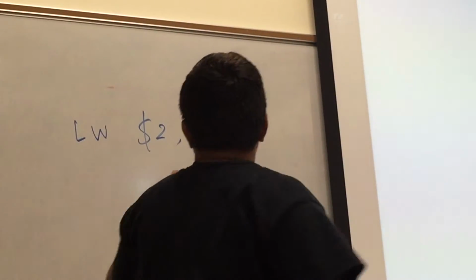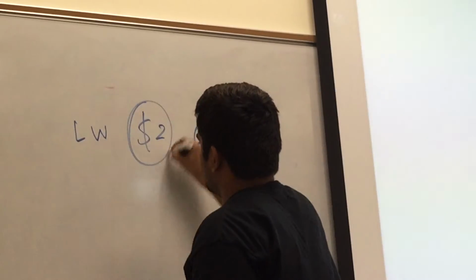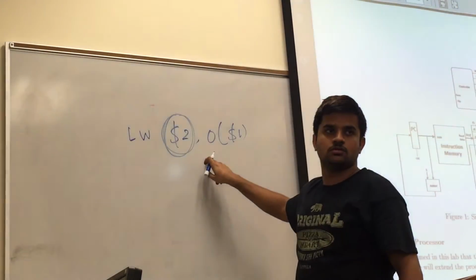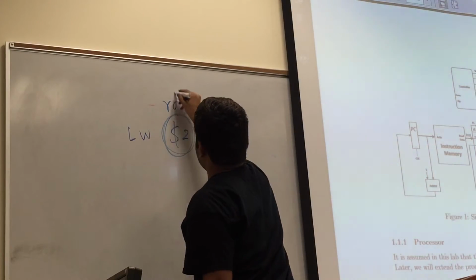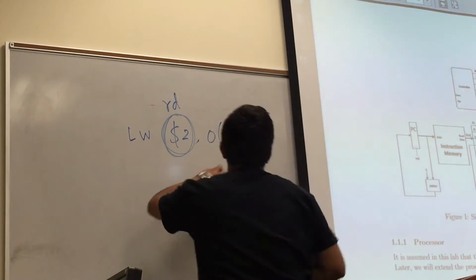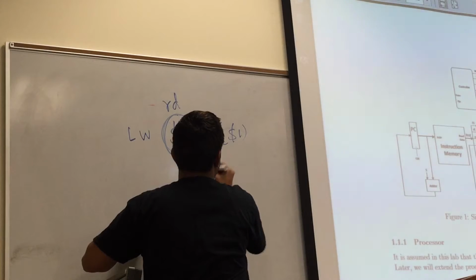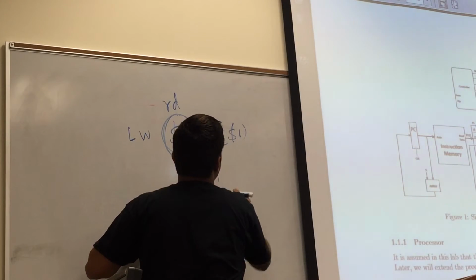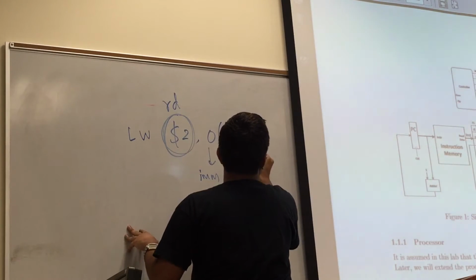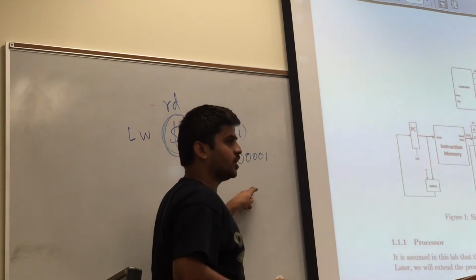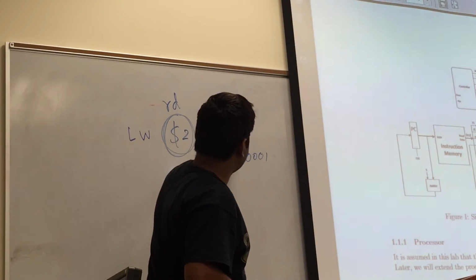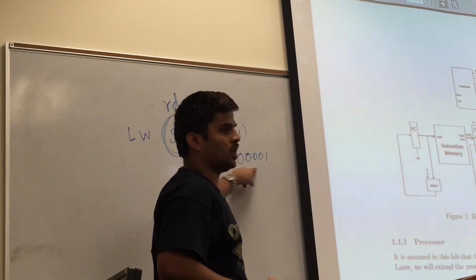The address will be stored in this location, something like RD. This is the immediate value, and say this value corresponds to 1. This value addresses some location which has value 1.